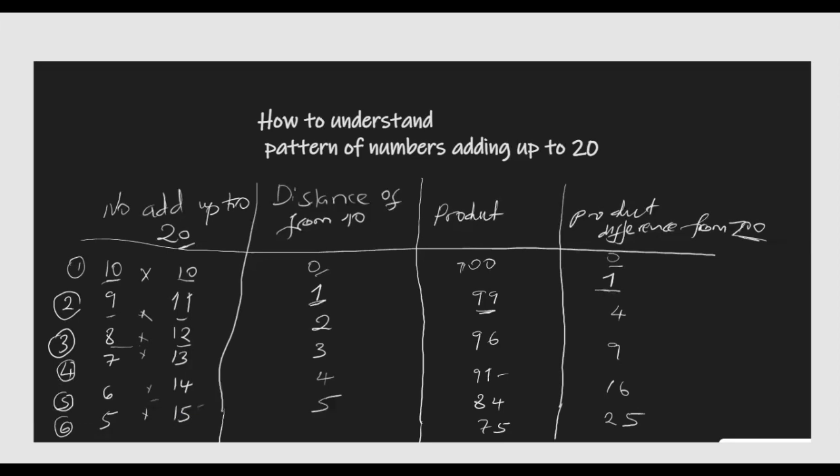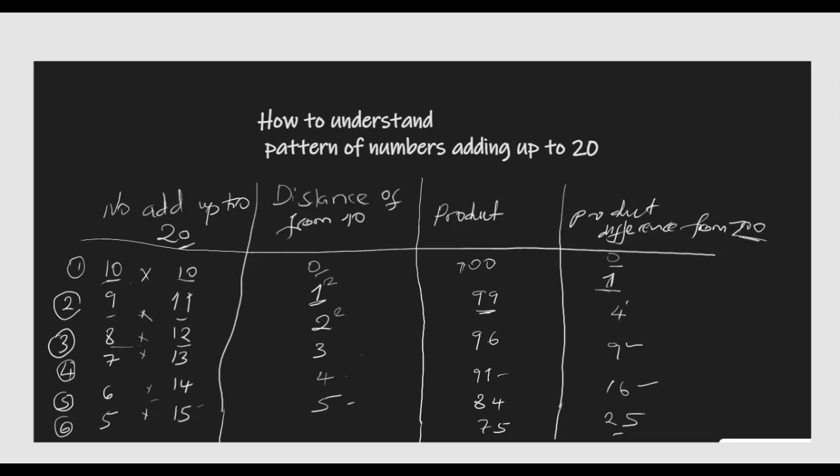In short, what I'm seeing here is that 1 squared gives you 1 here, 2 squared gives you 4 here, 3 squared gives you 9 here, 4 squared gives you 16 here, and 5 squared gives you 25 here. So what I observed was that if you take a number, let's say you want to add up the numbers up to 20, then you try to play with them. You have 10 multiplied by 10, and then you reduce this one by 1 and add 1 to this side so that it's still 20.